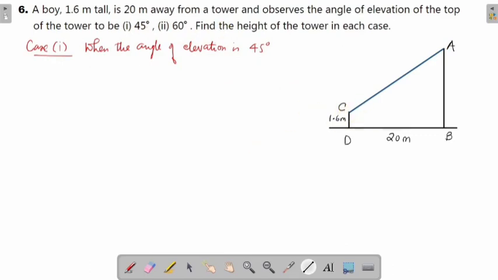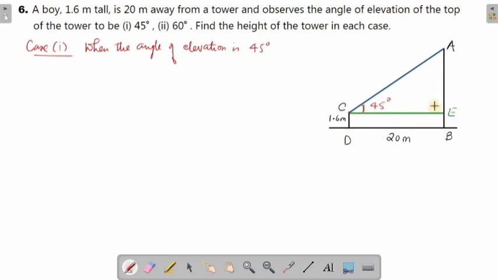See here carefully. First and foremost, you have to draw a parallel line from C, and let me call this point E. So the angle of elevation here becomes this one, which is given to be 45 degree, and we need to find AB in this case.